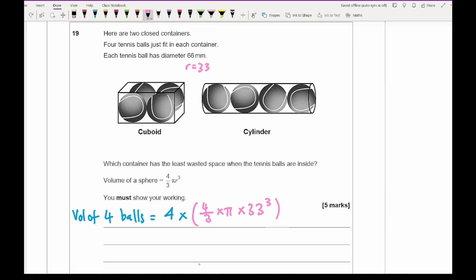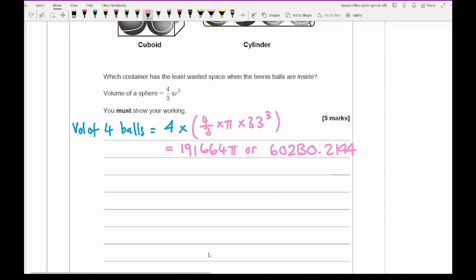And if I type that all into my calculator, I get an answer of 191,664 pi, or as a decimal 602130.2144.